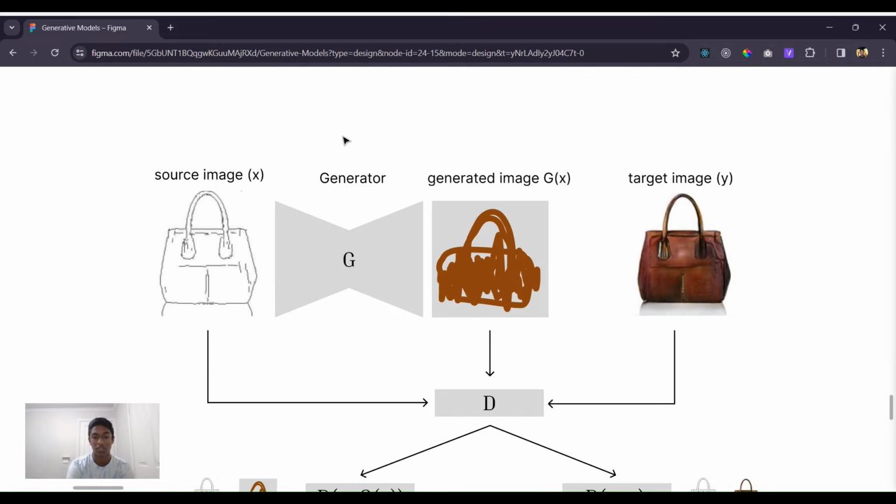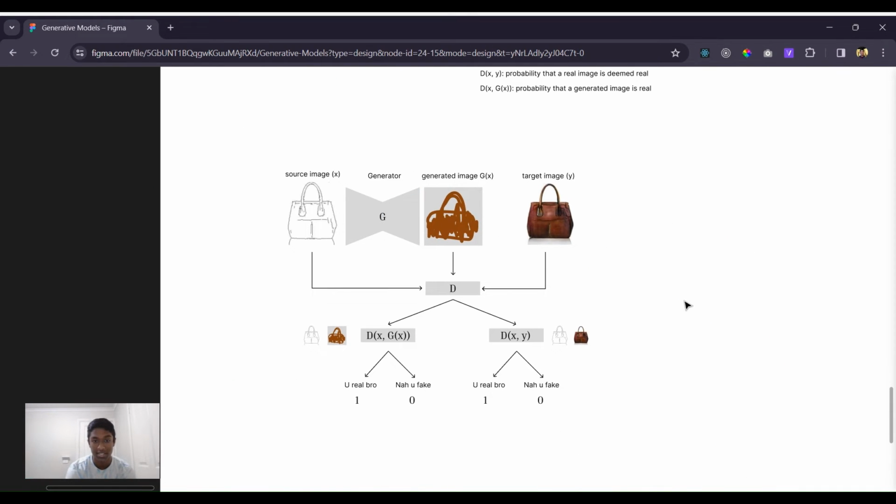If you watched the last video, then you will be familiar with this diagram here, where we have a picture of edges, and we pass that to a generator. We get the generated image, and we also have our target image here.